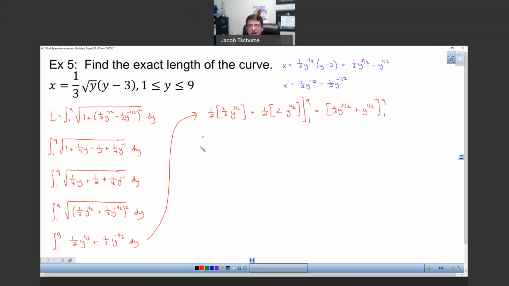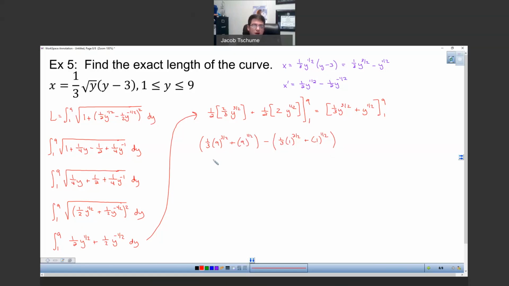Let's plug the 9 in. So that would be 1/3 times 9 to the 3/2 plus 9 to the 1/2, minus 1/3 times 1 to the 3/2 plus 1 to the 1/2.